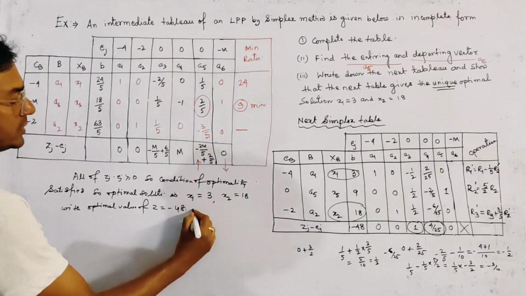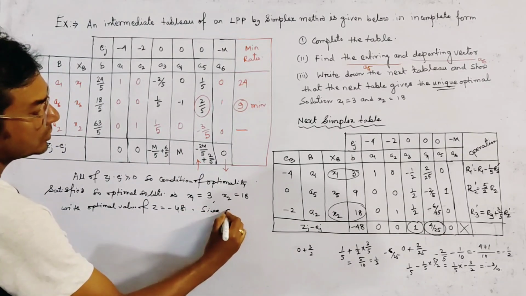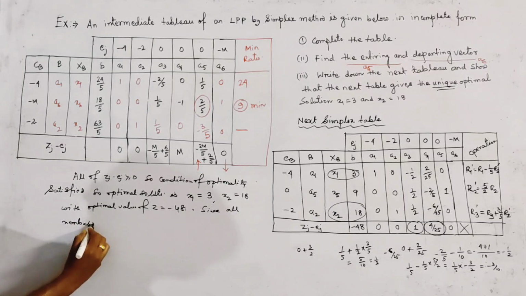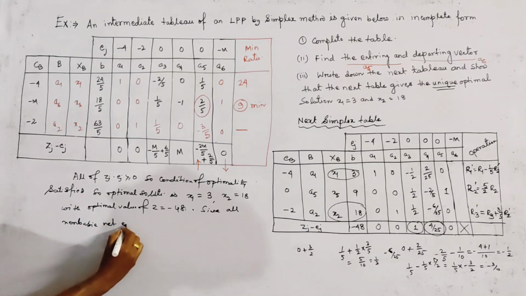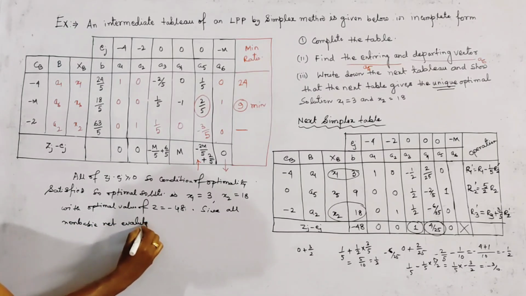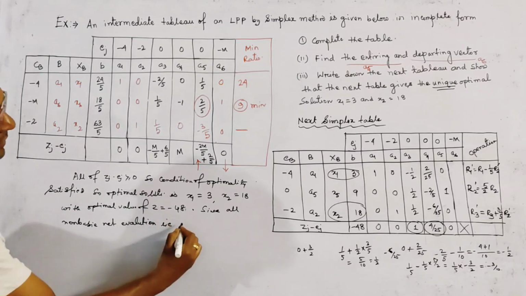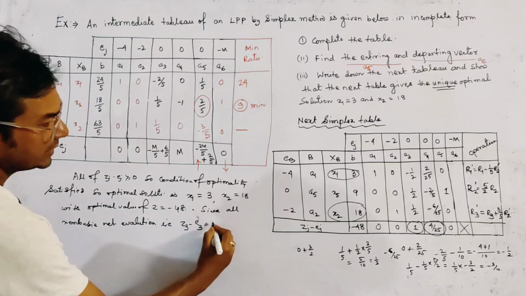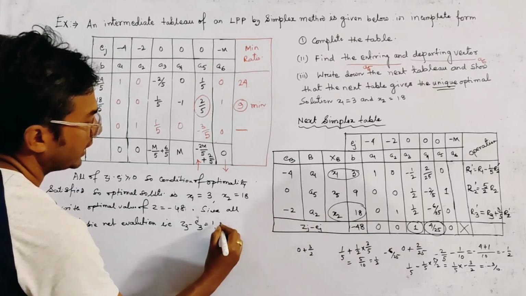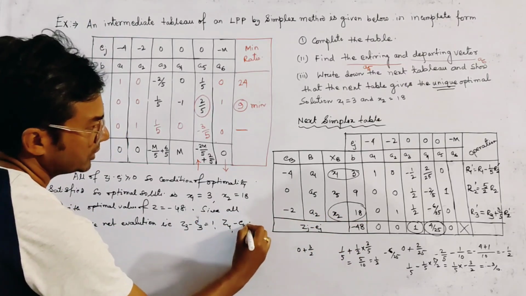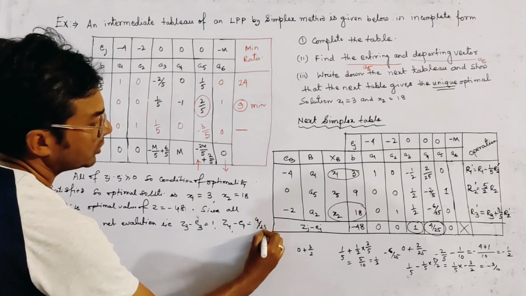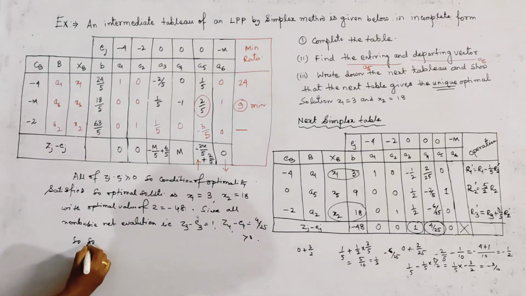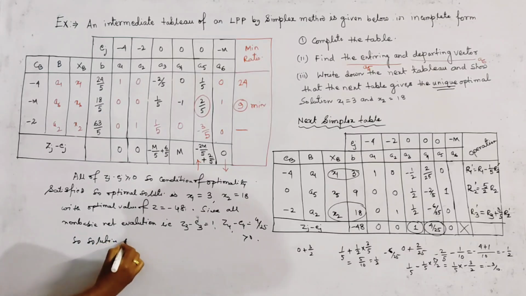We write here: since all non-basic net evaluations, that is Z3 minus C3, given by 1, and Z4 minus C4, given by 4 by 25, are greater than 0, the solution is unique.